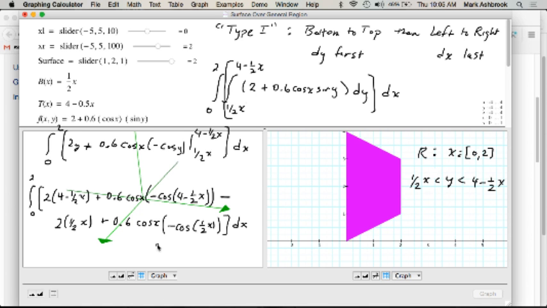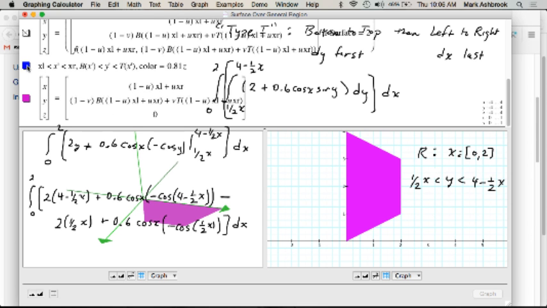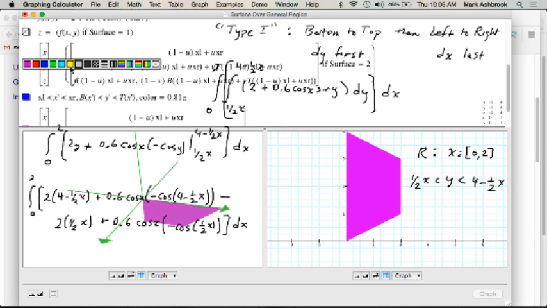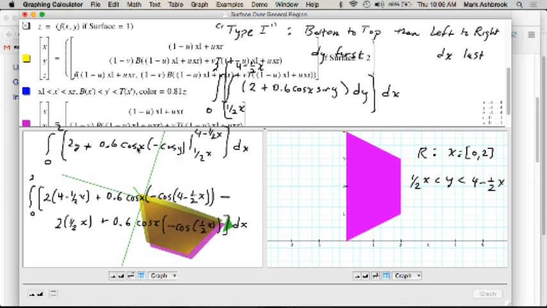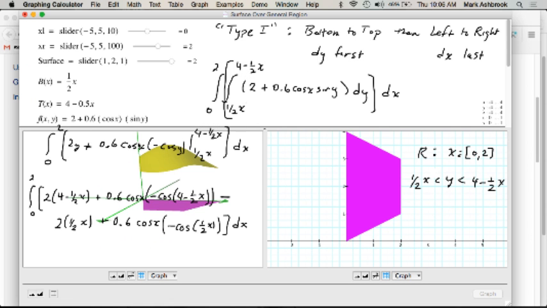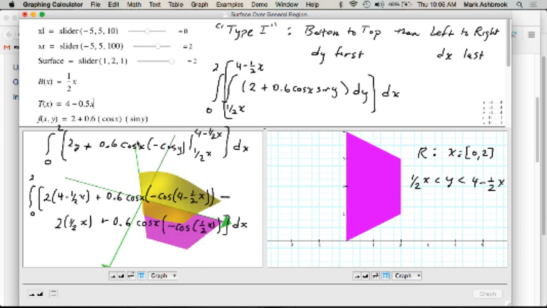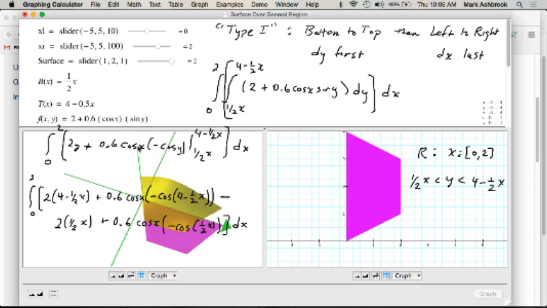And what would that give us? This would give us the total, either an amount of accumulation given that rate function, or the volume of this with a trapezoidal base up to this curved surface.